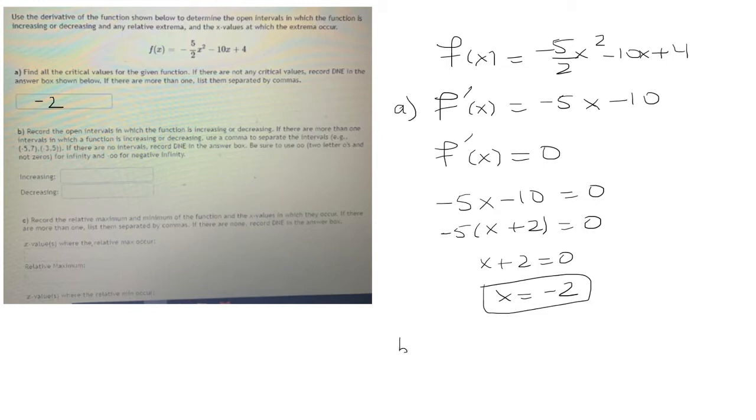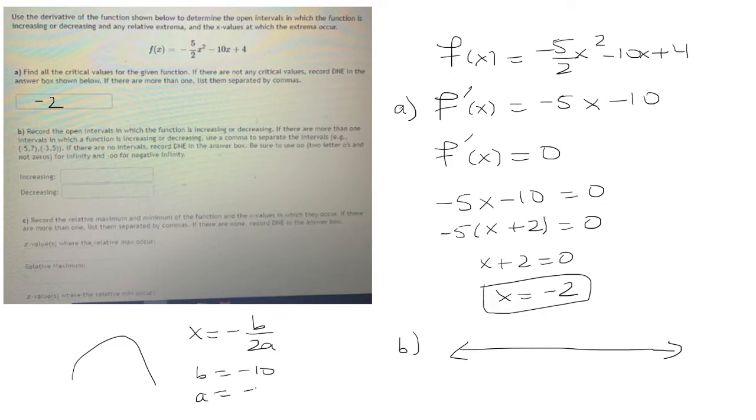Now for part B. We want to see where it's increasing or decreasing. So this is a quadratic. So it turns out it's actually a lot easier if you don't use calculus. But obviously you have to use calculus to figure this out. But in general, you know that the maximum here occurs at opposite of b over 2a, b being negative 10, a being negative 5 halves.